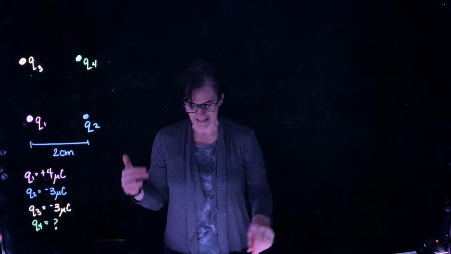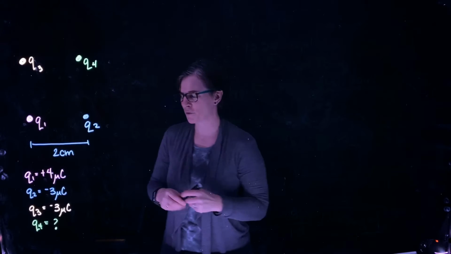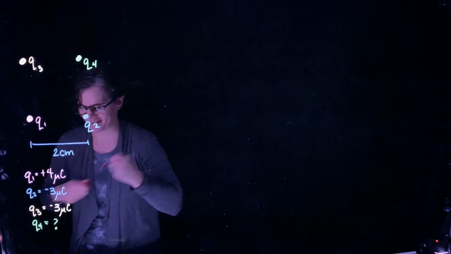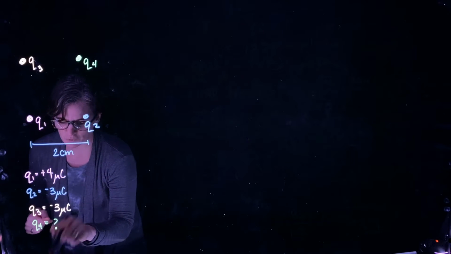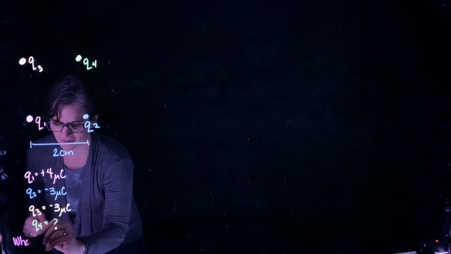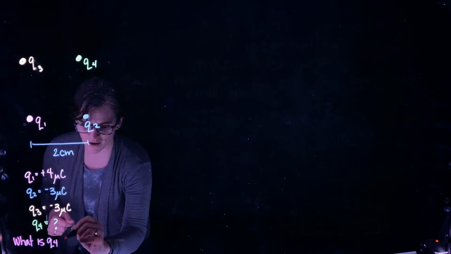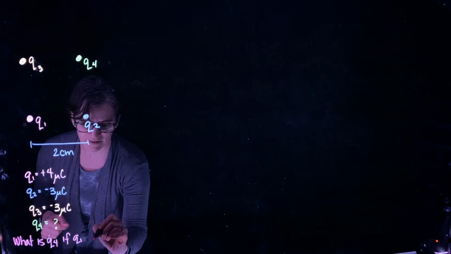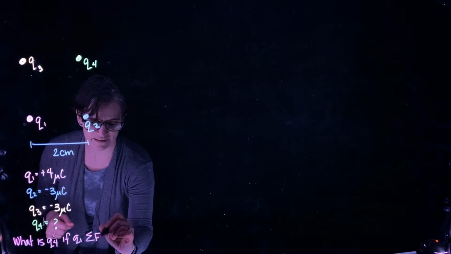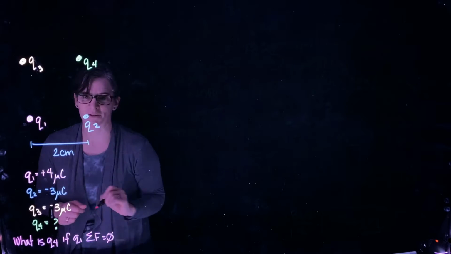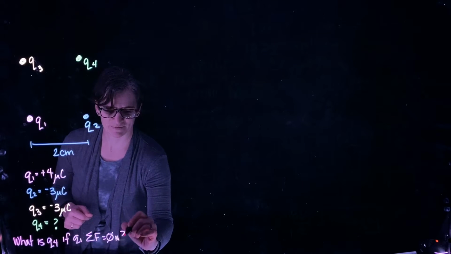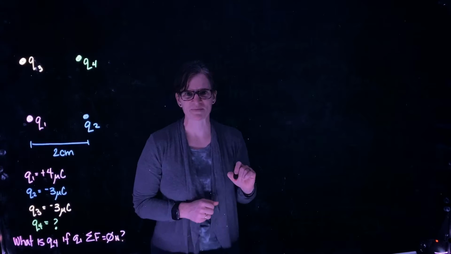Well, it means it experiences no net force. So the crux of this question is, what is Q4 if Q1 has a net force equal to 0? All right, that's the crux of our question.